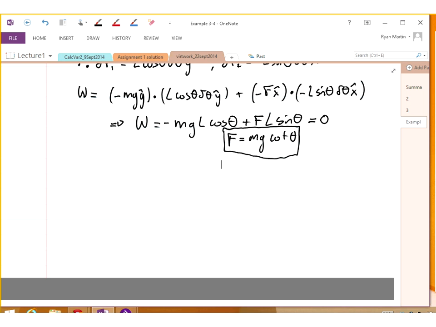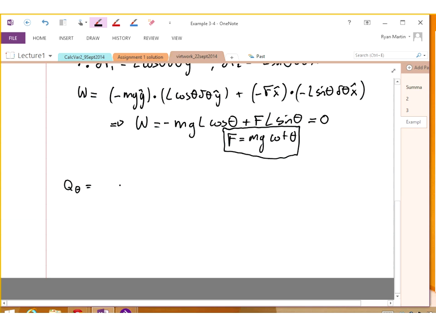Of course, the total virtual work there looks an awful lot like what you would get from solving the problem with torque. So just for completeness, again, let's work out the generalized force.